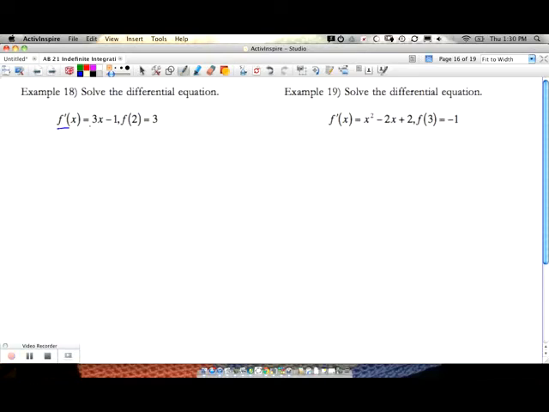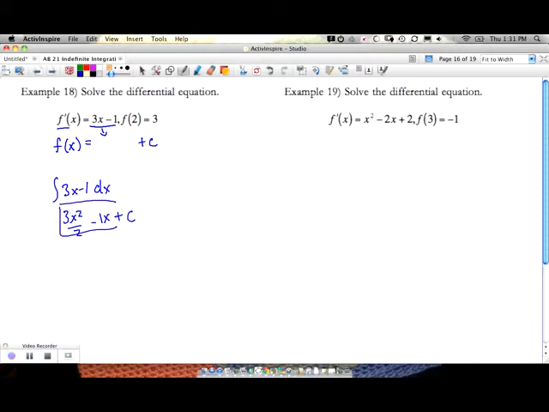First one here. So I know that the derivative is 3x minus 1. What that tells me is that the original function, so f of x, is the antiderivative of this plus c. Well, if I were to take the antiderivative of 3x minus 1, what would that be? That's going to be 3x squared over 2 minus 1x, and then we got the plus c.